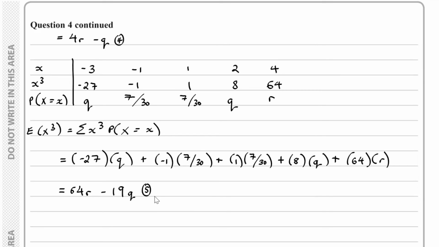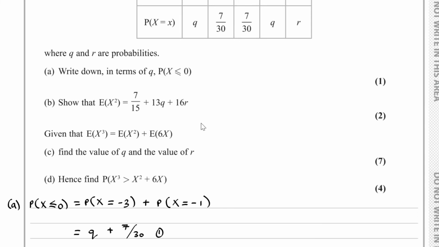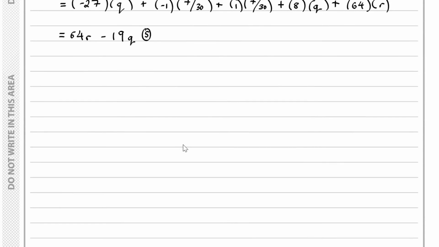We can hopefully see that if you look over here, we've got the expected value of x squared plus 6, plus the expected value of 6x. And with that, let's just write this down. We've got this plus this over here. Okay, and we can rewrite this as the expected value of x squared plus 6 lots of the expected value of x.